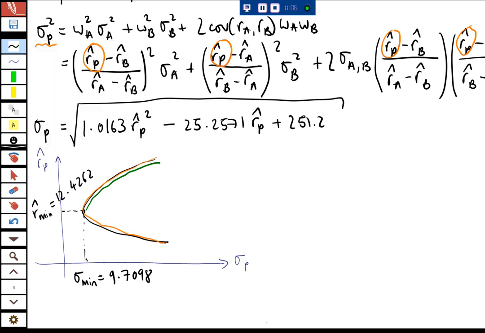Okay, so let's write them. The opportunity set, this one is the whole thing. This is the orange.